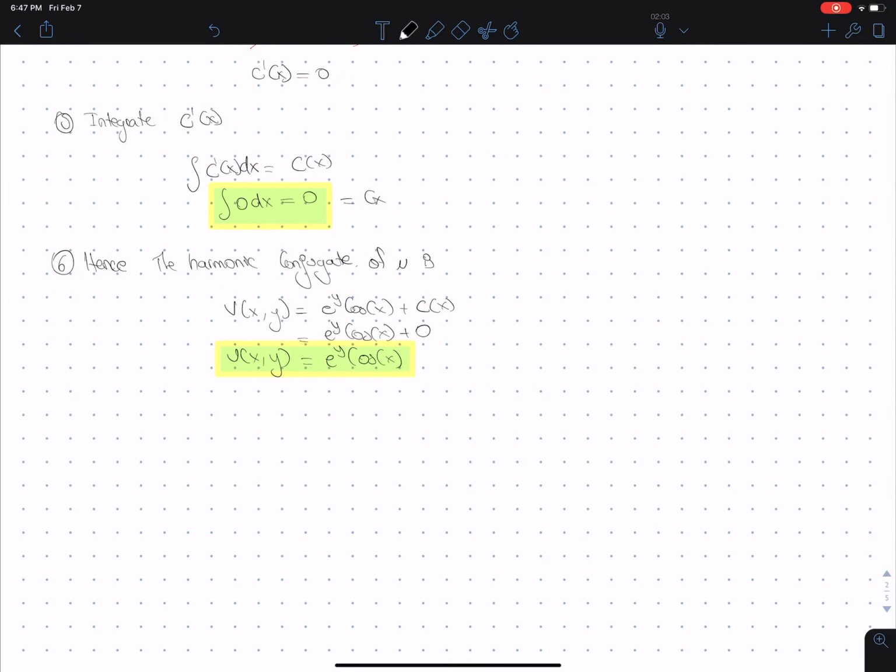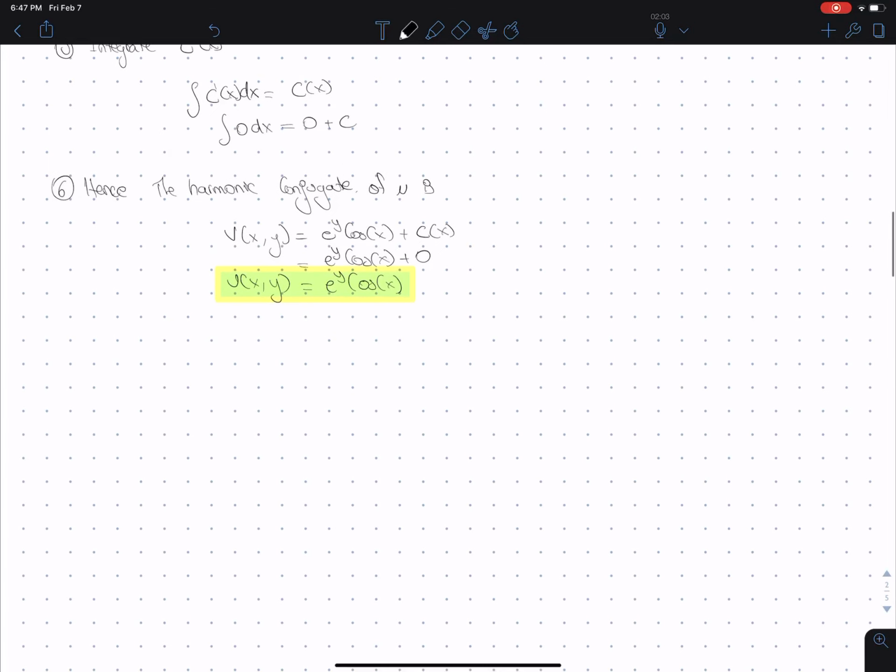Sorry, I forgot something here. The integration of 0 dx is going to be 0 plus some constant. So it's going to be 0 plus a constant. 0 doesn't matter, but it's going to be plus a constant. Now it makes sense that we get this answer.